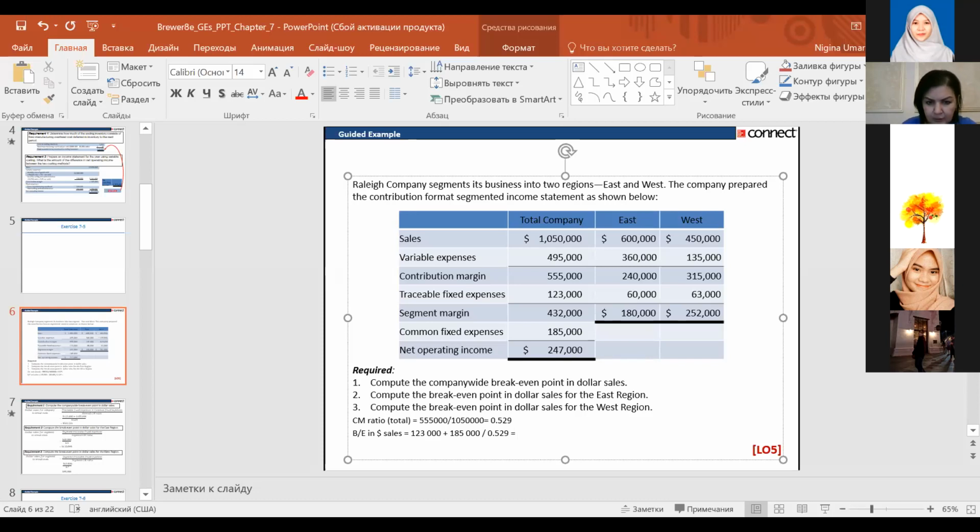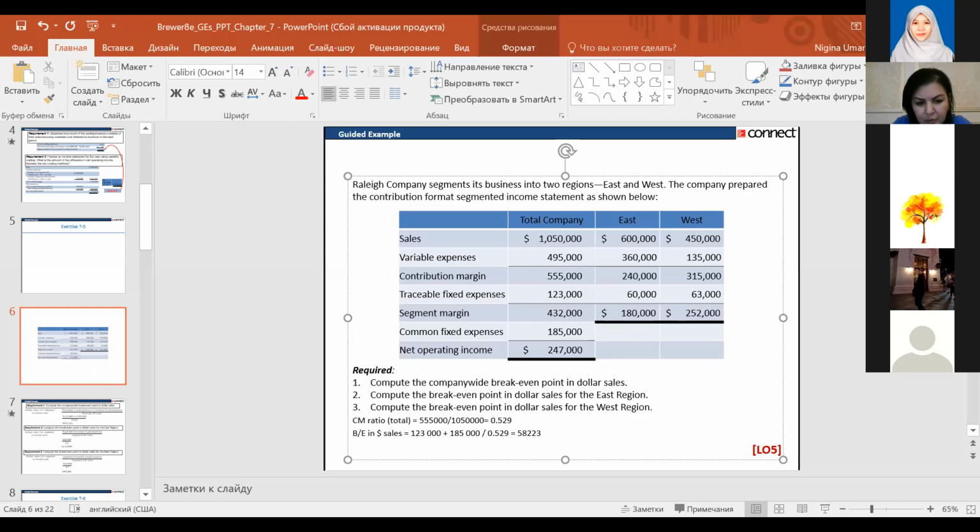Okay, so what is the break-even point in dollar sales? 582, 82,231.